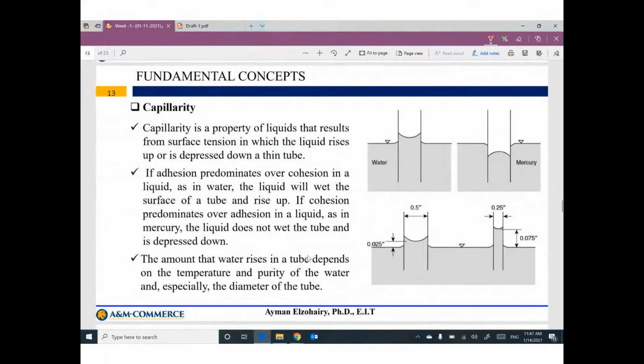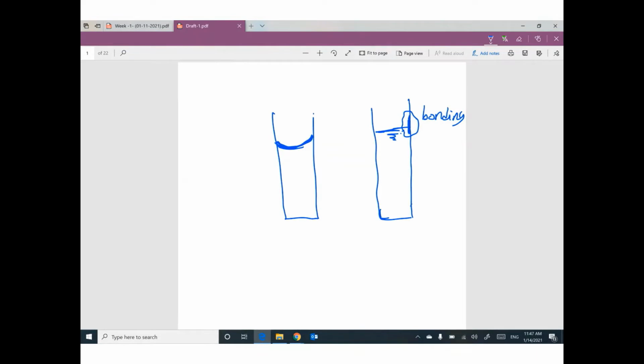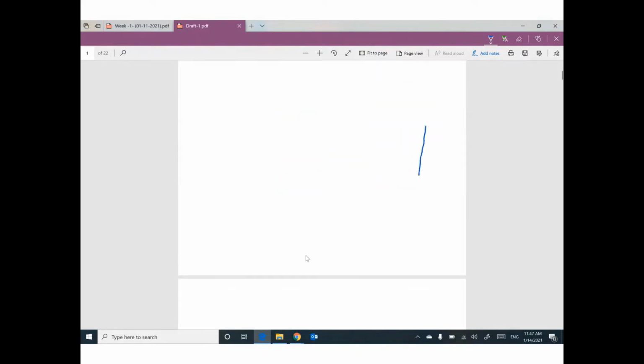The second phenomenon, or fundamental concept, is called capillarity. Capillarity, in a very simple way: if you have a liquid in this container and you put in a tube which is very, very thin, due to the concept of capillarity, we can expect this liquid to rise in this tube by a distance h.